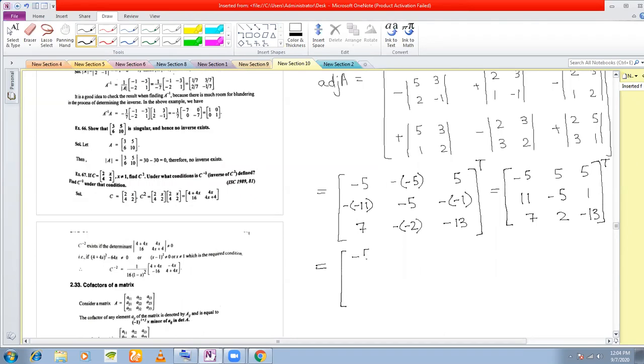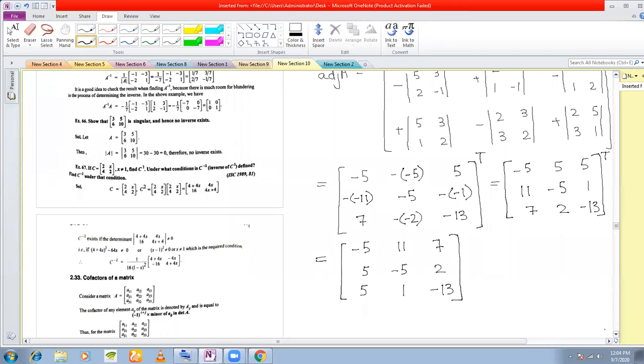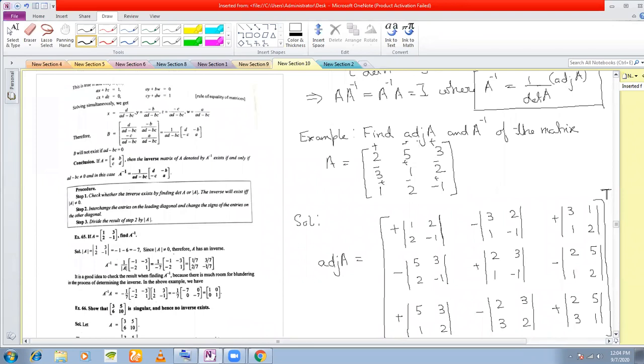Change the rows to columns: minus 5, 5, 5, 11, minus 5, 1, 7, 2, minus 13. This is the transpose, so we have got the adjoint. The first part of the question is done. The question was find the adjoint of A, and we have found the adjoint of A.